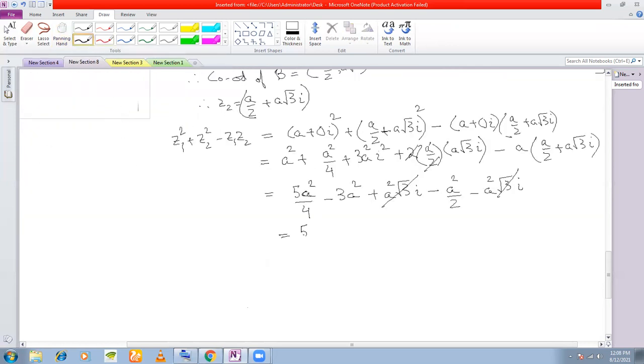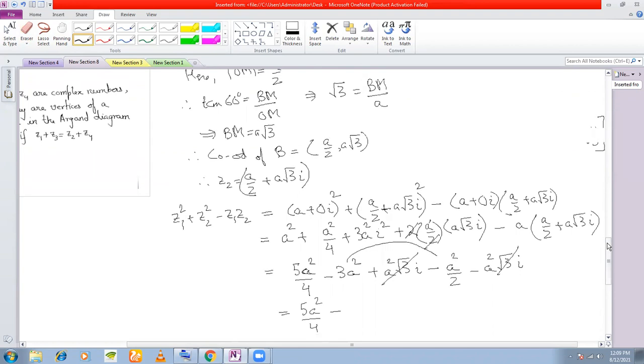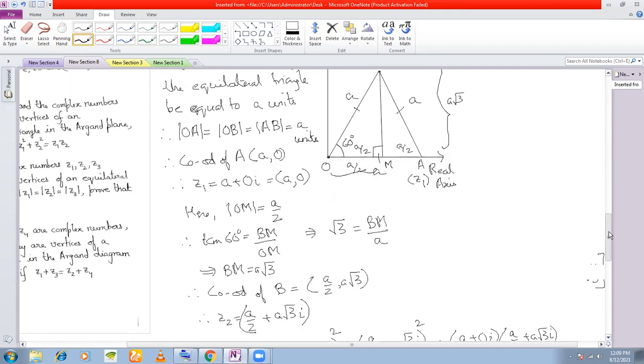So now you get 5a square by 4 minus these two, you take the LCM. In fact, you should take them into brackets and then work. This is 3a square. Oh, just a second. a root 3, tan 60, how much have I found out?